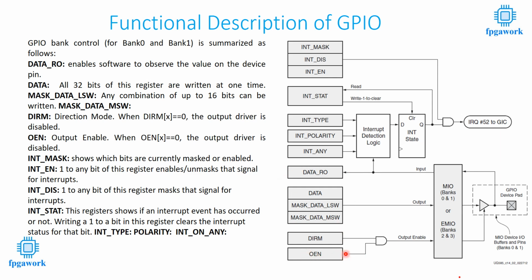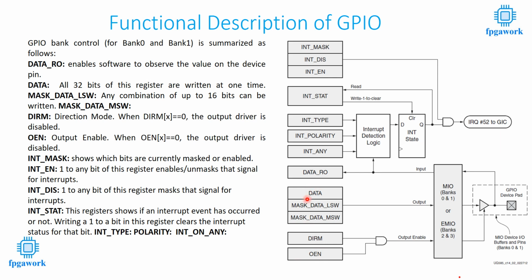So let's have a very brief idea of what the functions of these registers are. The direction mode register is used to control the direction of GPIO, whether it is configured as input or output. Output enable: if the GPIO is configured as output, then you can enable and disable the GPIO using this register.